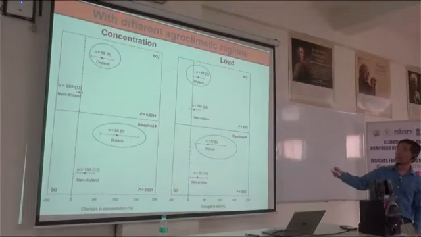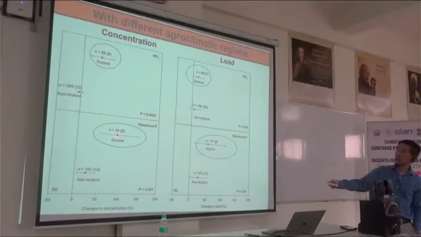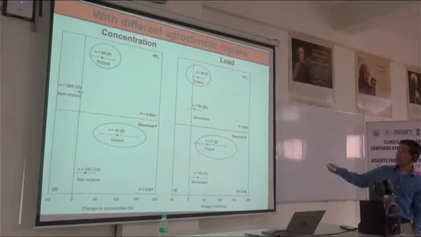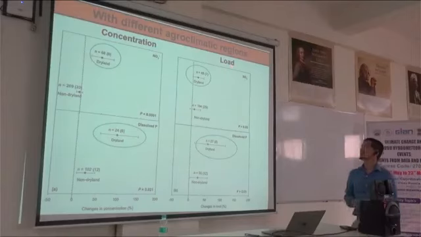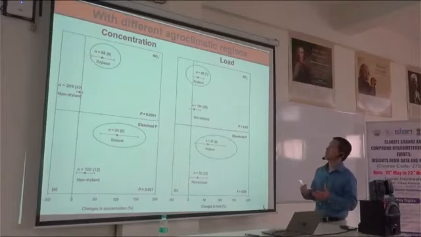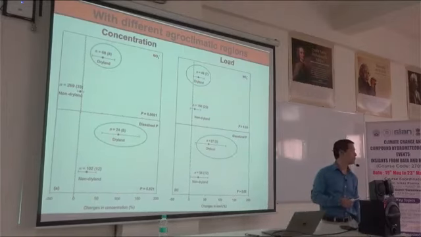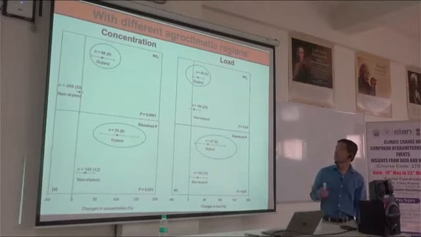For concentration, dryland actually has a much higher concentration under no-till compared to conventional till. And the load is also similar: under dryland conditions, there is a much bigger load, bigger both nitrogen and phosphorus loss through agricultural fields, right?